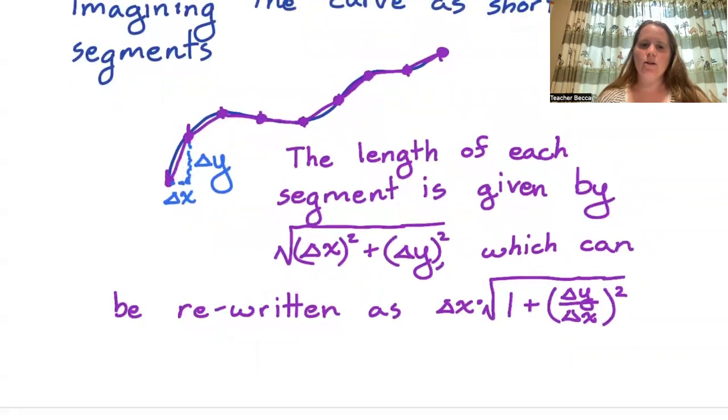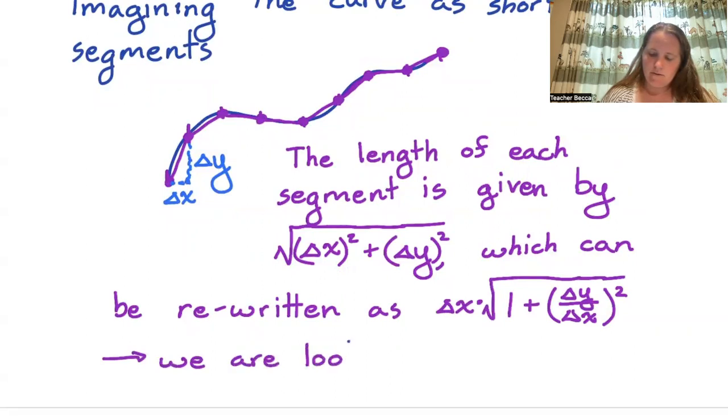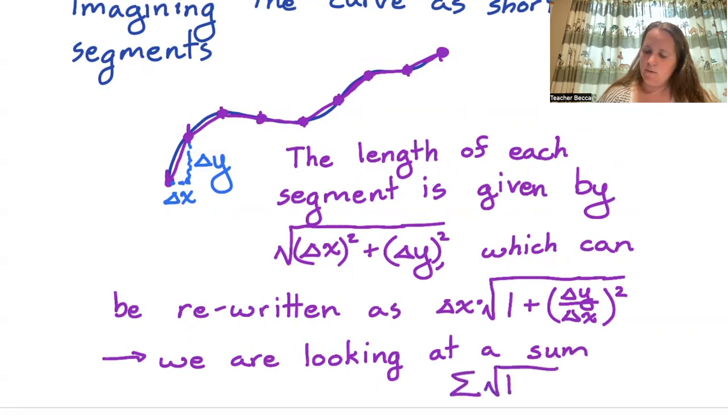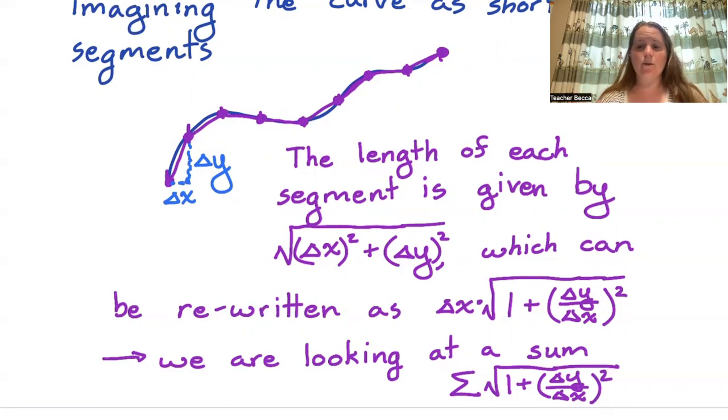And so essentially, we are looking at a sum of these square root of 1 plus delta y over delta x squared, where the delta y over delta x, whole thing is being squared, and then that whole square root is multiplying delta x.